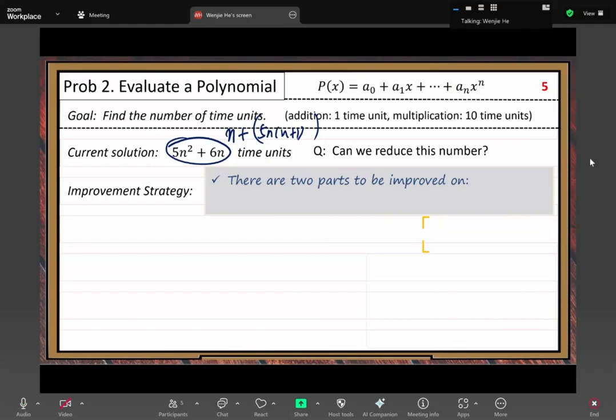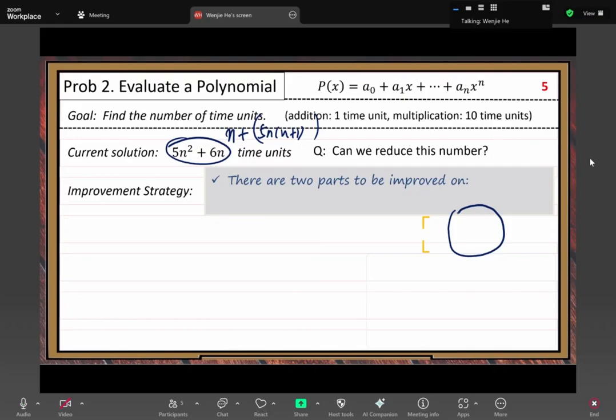Then let me draw a simple diagram to show you the idea. Here we want to understand the problem visually. Let me draw a big circle to represent the total amount of time used to calculate the whole polynomial.